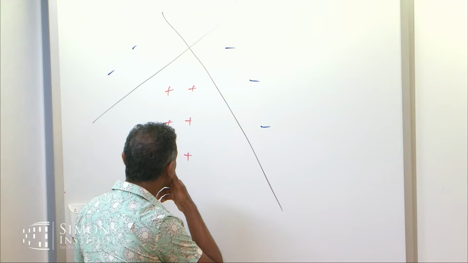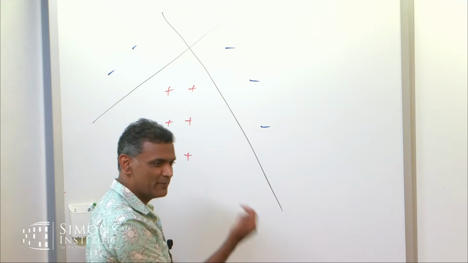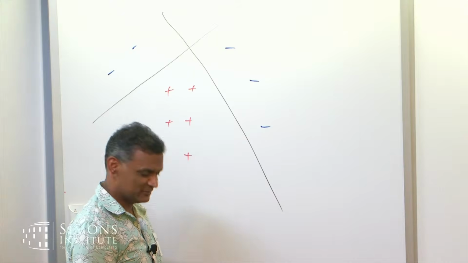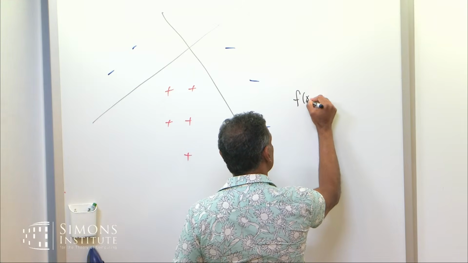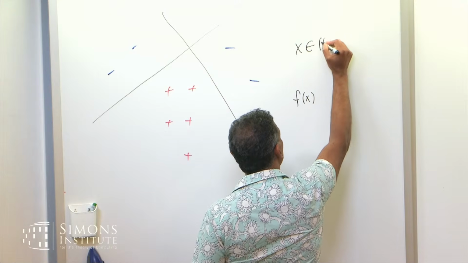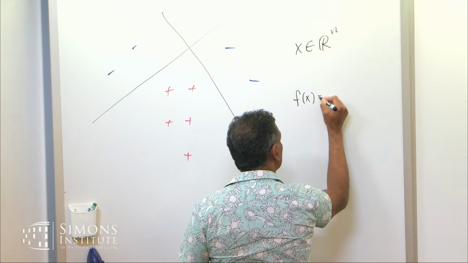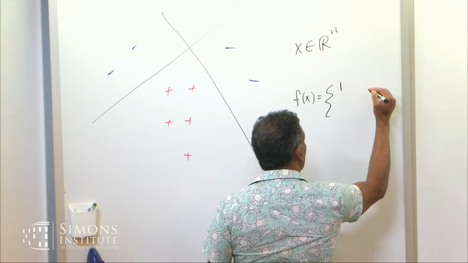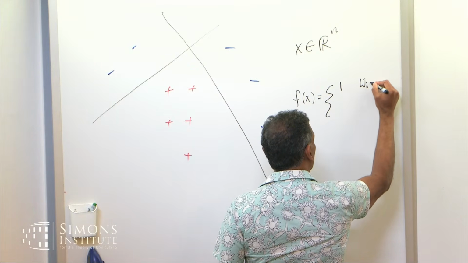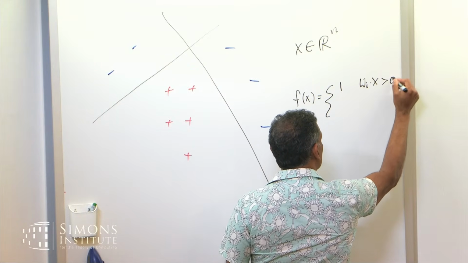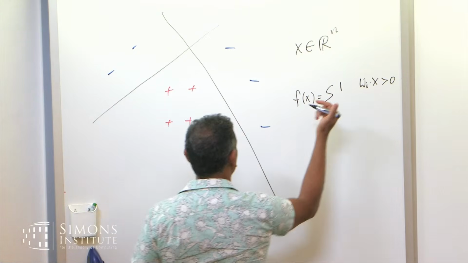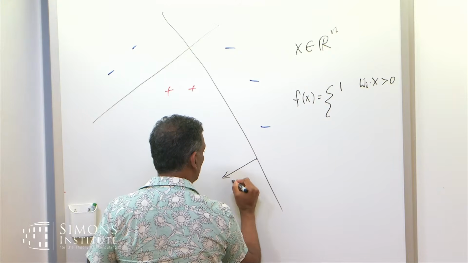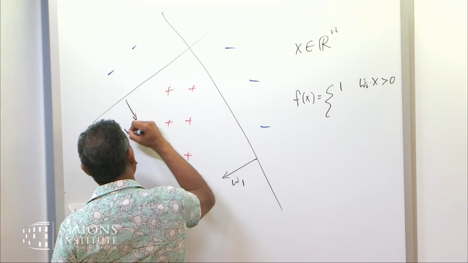As I learned shortly after, these are drawn from a distribution, they're drawn independently, and there's a labeling function. So the function is, in this case, f of x. Everything is in n-dimensional space. f of x is 1 if all the points lie on the positive side of a set of hyperplanes. So this is maybe W1, and then this is W2, and so on.